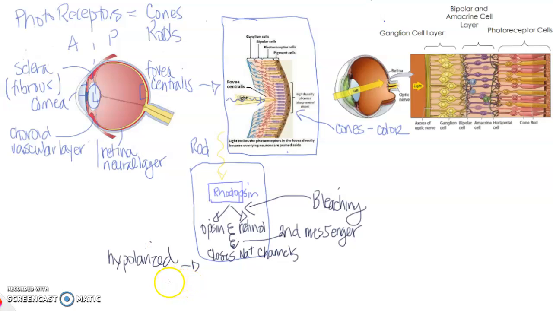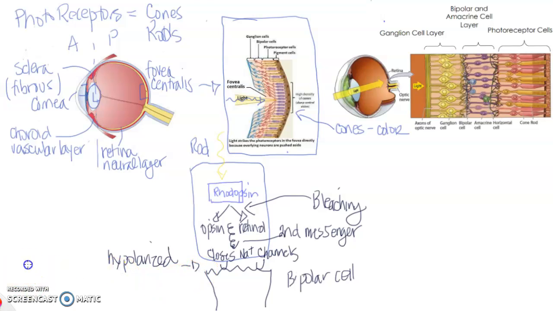So normally those gates are open, and when that occurs, the cell that it's connected to, which is a bipolar cell, is supplied with neurotransmitter. So when the gates get closed, it cuts off the neurotransmitter.